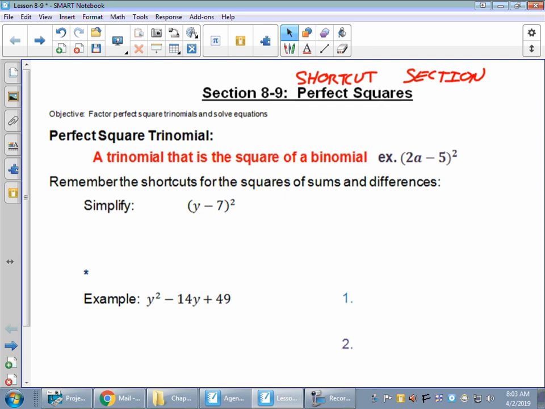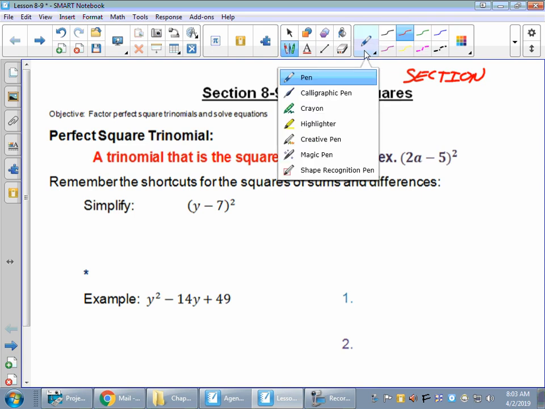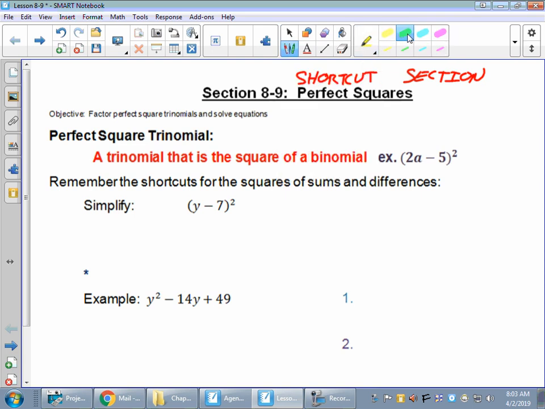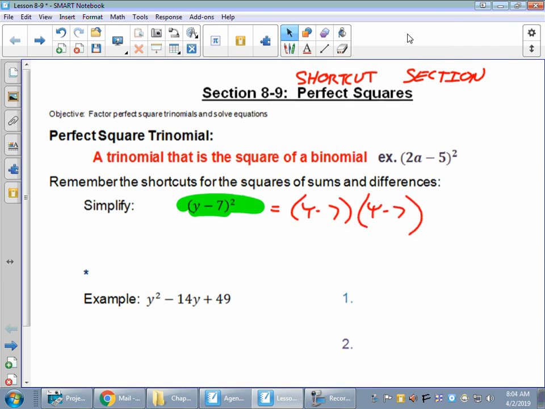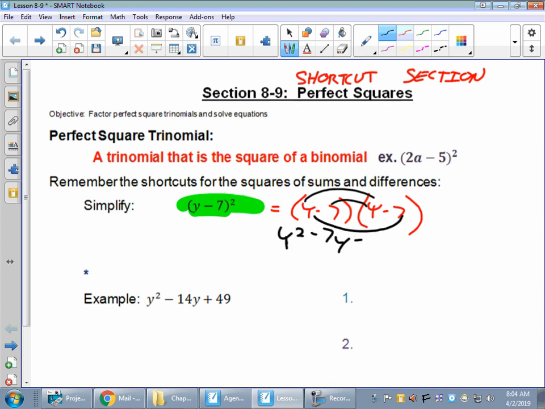So when you had something like (y minus 7) squared, remember you could write that out as y minus 7 times y minus 7. And then what our shortcut said is if you FOILed it, y times y would be y squared. Then you've got a negative 7y here and a negative 7y here.